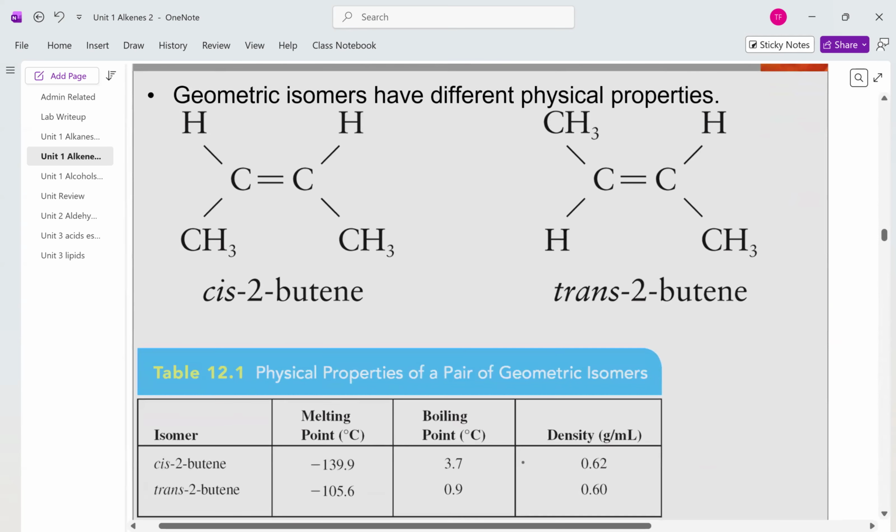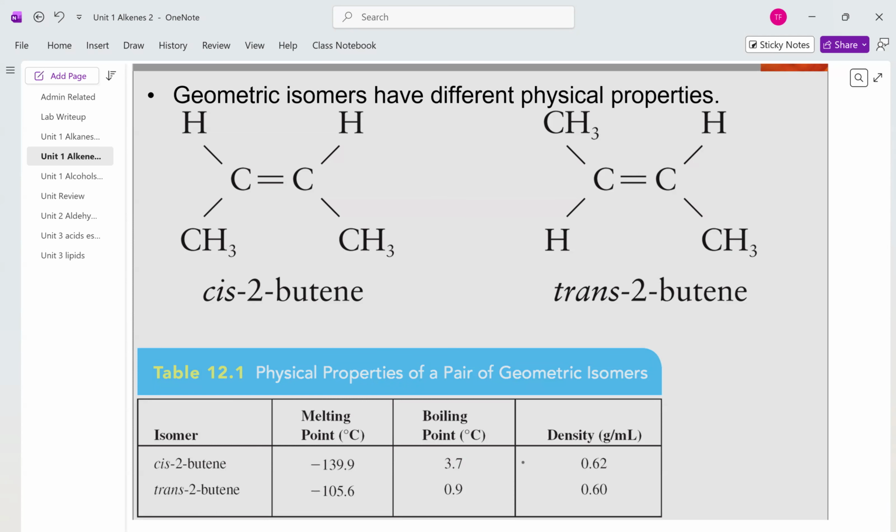And they have slightly different physical properties as well. I said earlier the trans is more stable because of steric hindrance. So that means the more stable one is going to have a lower boiling point.